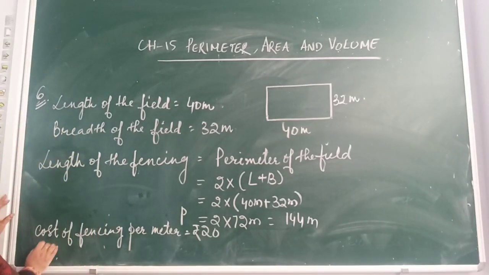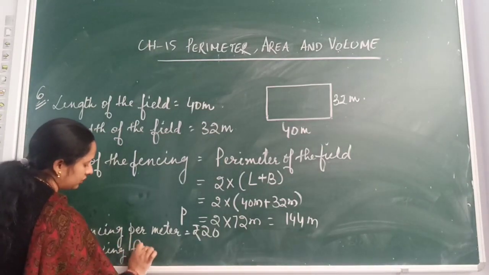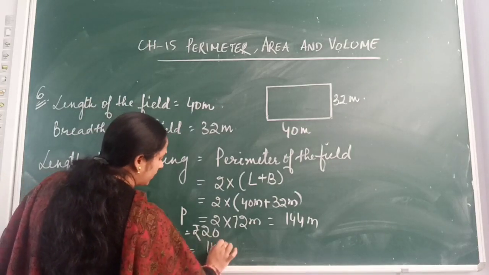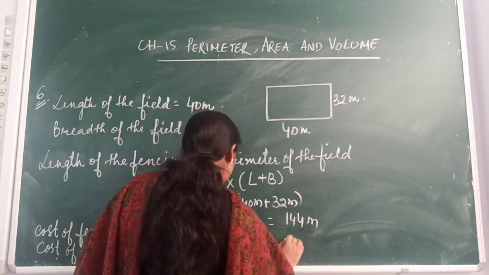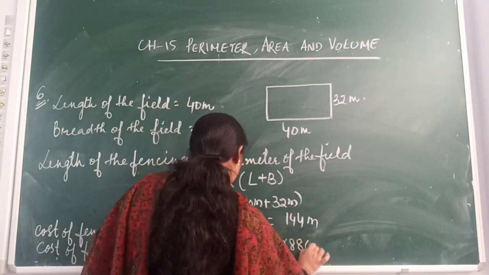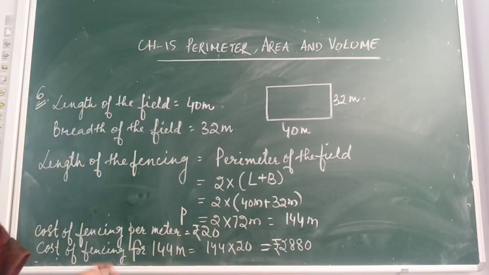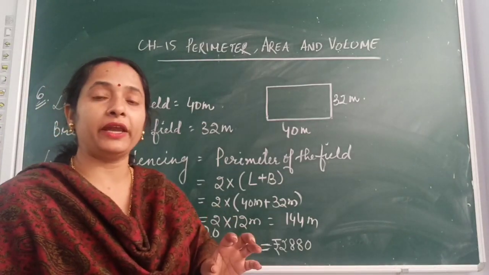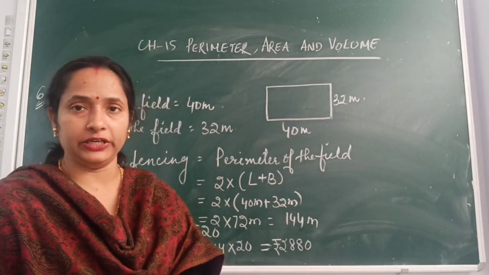The cost of fencing for 144 meters will be equal to 144 multiplied by 20. So this is 2,880 rupees. Understood? So around 2,880 rupees will be spent on making the fencing around the rectangular field.